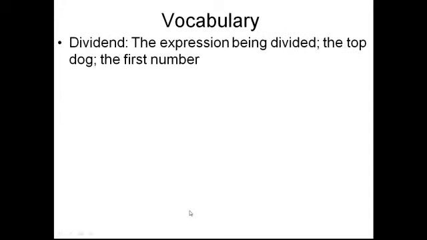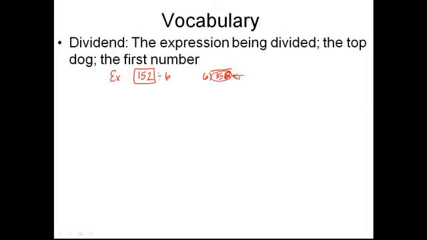Some of our vocabulary, just as a quick thing: the dividend is the expression being divided. It's the top dog or the first number. So when we're looking at something like 152 divided by 6, what we just did, this is what we call our dividend. We could have also written it like this, 152 divided by 6, there's our dividend.